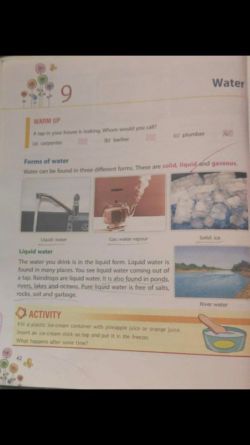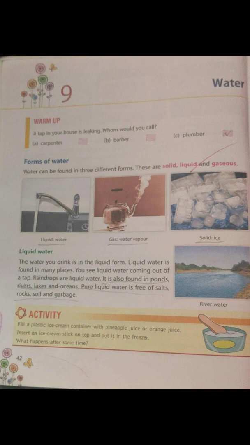Now first we will learn about liquid water. The water you drink is in the liquid form. Liquid water is found in many places. You see liquid water coming out of a tap. Raindrops are liquid water. It is also found in ponds, rivers, lakes and oceans.